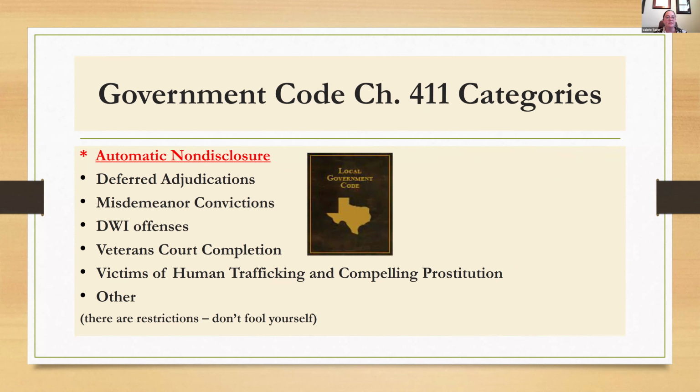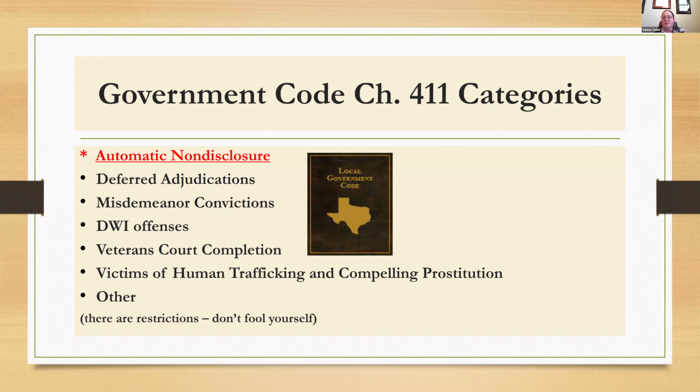So if you complete deferred probation, these are the ones that are eligible for automatic non-disclosure, which we've already talked about. If you get a dope case of possession of a controlled substance, you complete 3 years of deferred probation, you finish and you don't have any other record, boom, you're eligible. Okay, no problem.